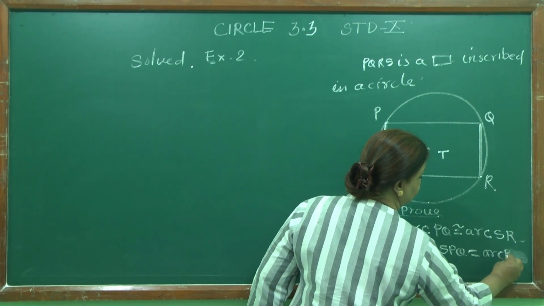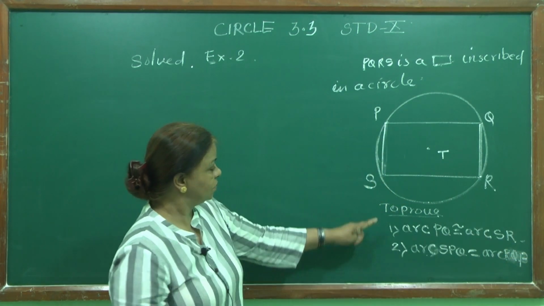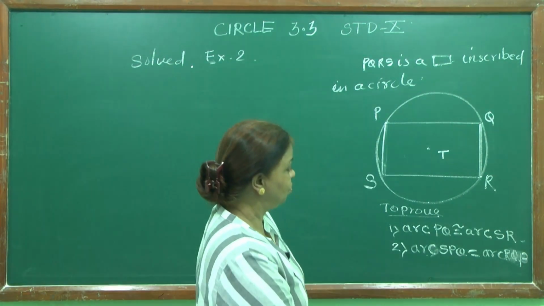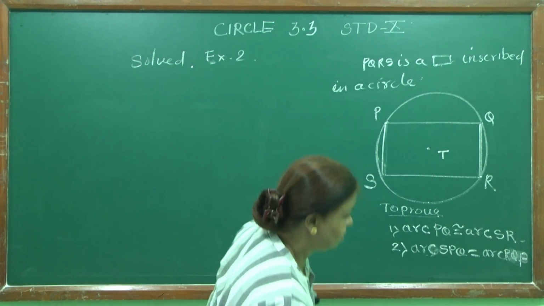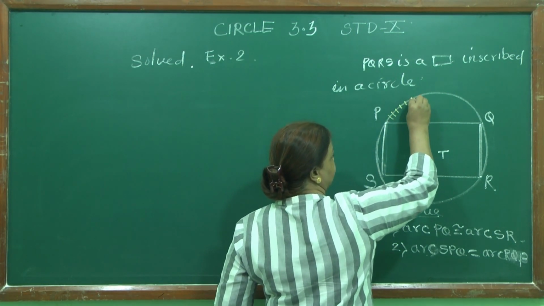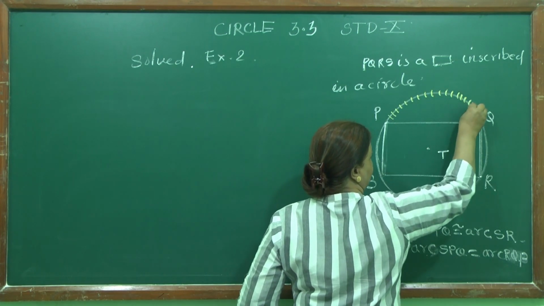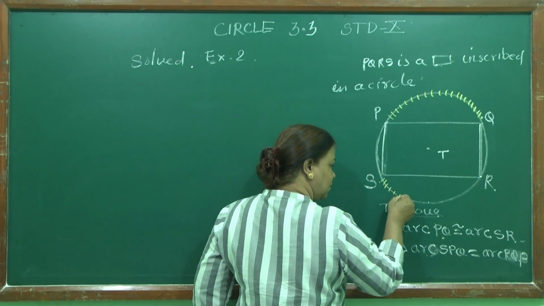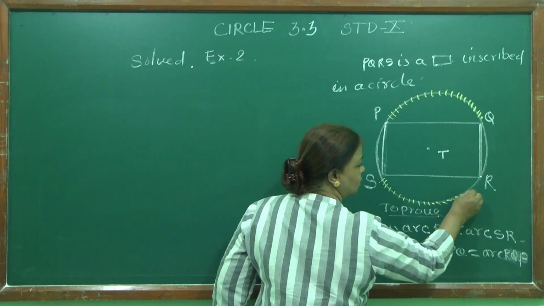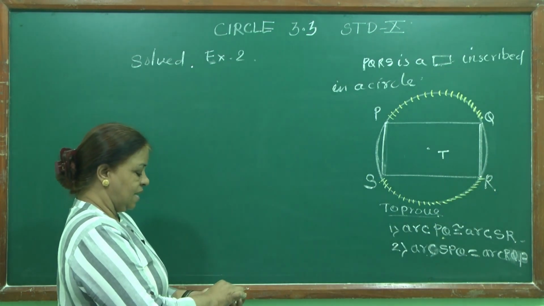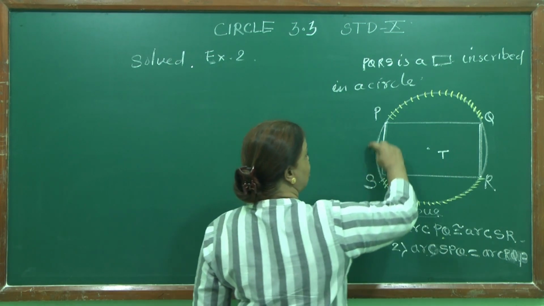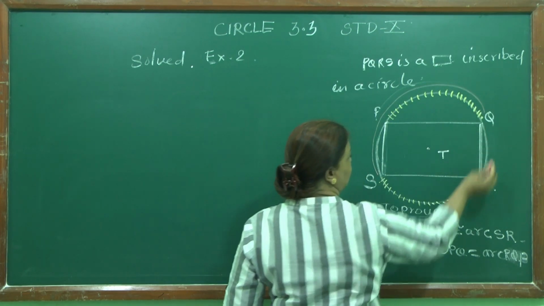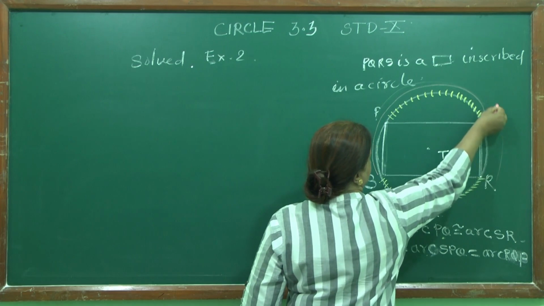RQP. See, children, arc PQ, we have to prove arc PQ is congruent to arc SR. Okay, and arc SPQ is equal to RQP.